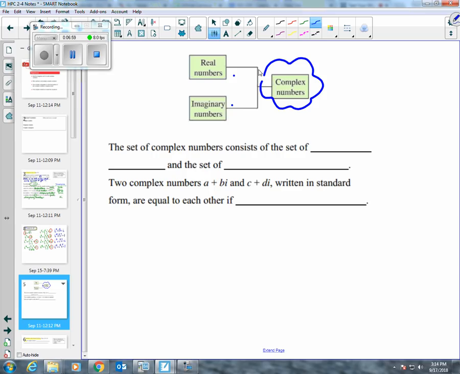So that's the set of all of the real numbers, everything that we had from our real number system, and the set of imaginary numbers, and we put those together, and that forms for us the complex number system. So we have real and imaginary. When we do operations with them, we can put them together. We have both of those parts.